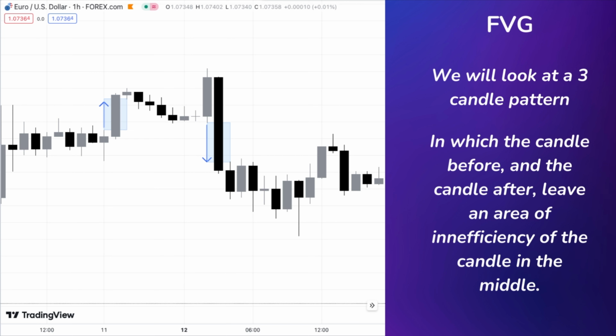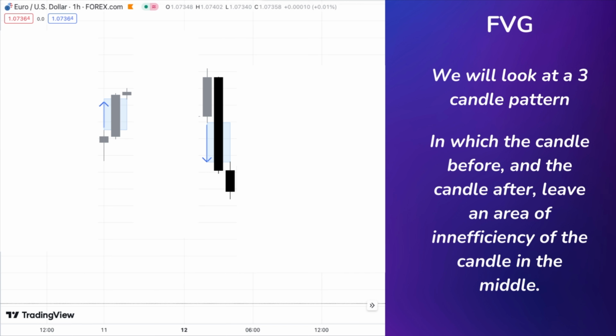And so if I take out everything else and I just show you these three candle patterns, here you can see it a little bit more clearly. The first three candle pattern that you see here is a bullish movement, so the candle is going higher. The second candle pattern is a bearish movement, and the candle in the middle is going lower.